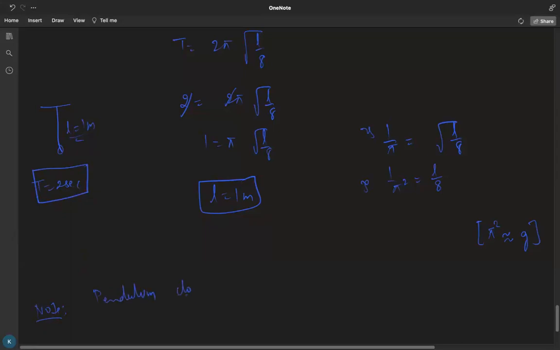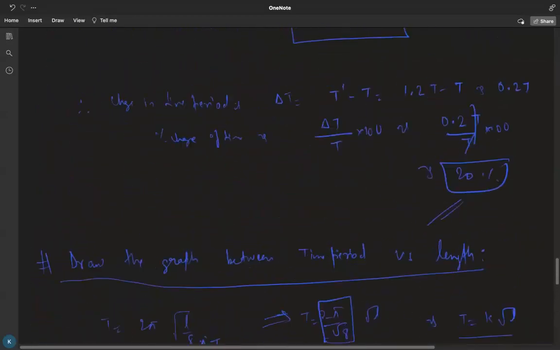If you take the length 1 meter and this pendulum is attached to your clock, its time period is 2 seconds. So, pendulum clock of time period 2 seconds. Now we are going to calculate the time period of the simple pendulum with other forces also acting.